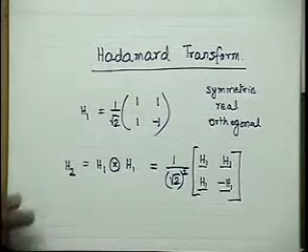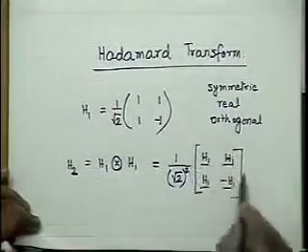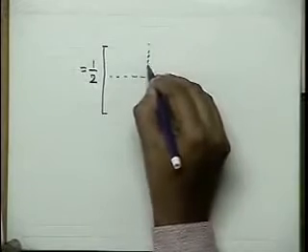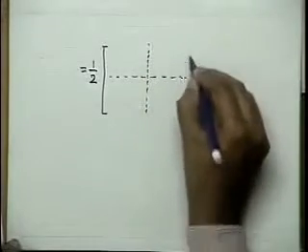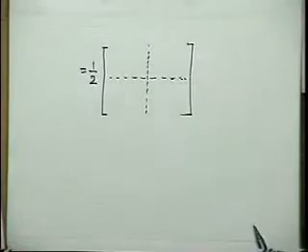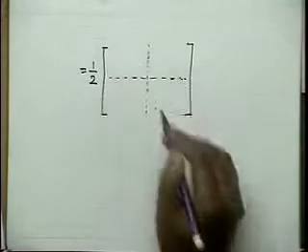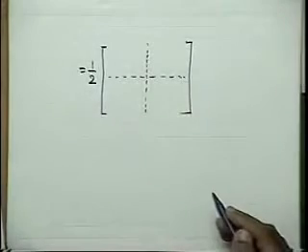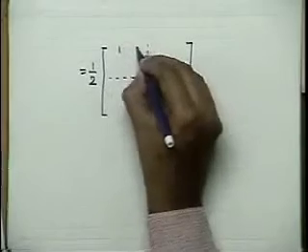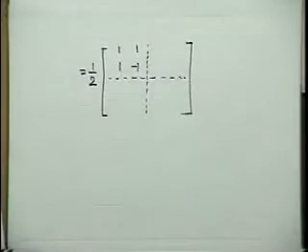So now, in order to write it in terms of the elements, I will write the factor as half, and I will write the H1 matrices in all these 4 subparts. What is it that I am going to write in the first subpart? H1. So H1 means 1, 1, 1, minus 1.